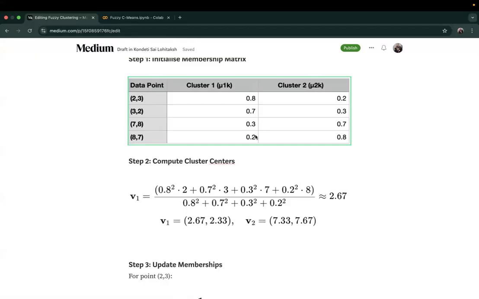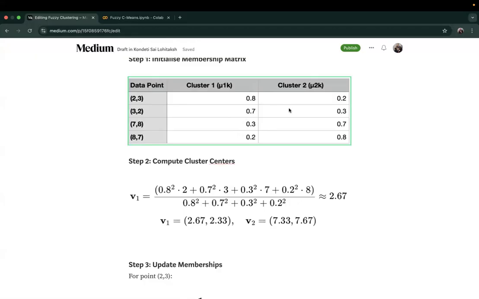So we get approximately 2.67. After this, we do the same thing, but we multiply 0.8 with the second data point 3, 0.7 with 2, 0.3 with 8, and 0.2 with 7. So in cluster 1, we did this equation twice.